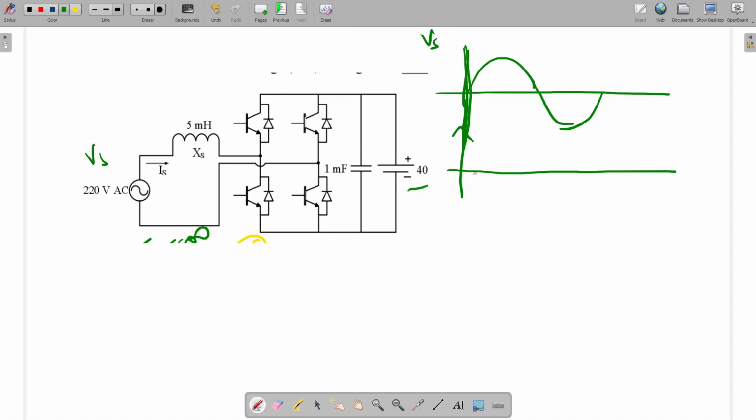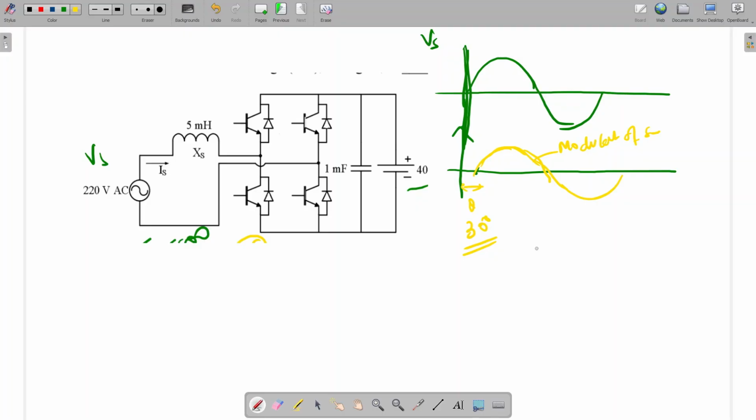Let's say this is the modulating signal, and here they will give a theta value. Let's say 30 degree they are giving. This is the modulating signal of the switches.